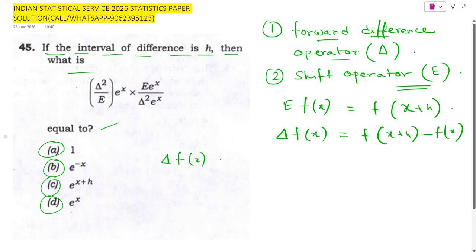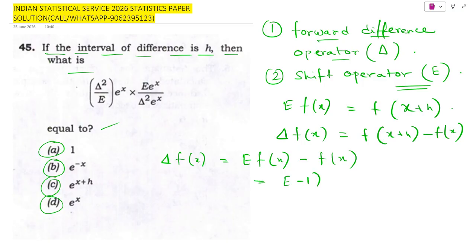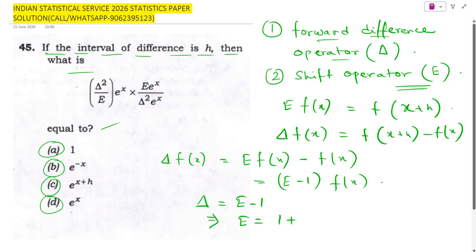Delta f of x is equal to E f of x minus f of x, so this is equal to (E minus 1) f of x. Since this holds for any well-behaved function f of x, we deduce an iconic operator relationship: delta is equal to E minus 1, that is E equals 1 plus delta, right?